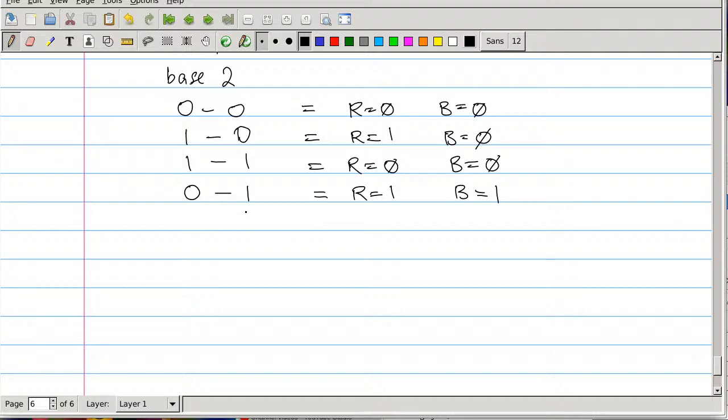So when we borrow 1 from the column to the left, we are borrowing a quantity of 2. This 0 becomes 10 in base 2, which is 2, and 2 minus 1 is a 1. That's why the result is a 1. We need to borrow because there's not enough in 0 to give 1, and that's why we have a borrow of 1.